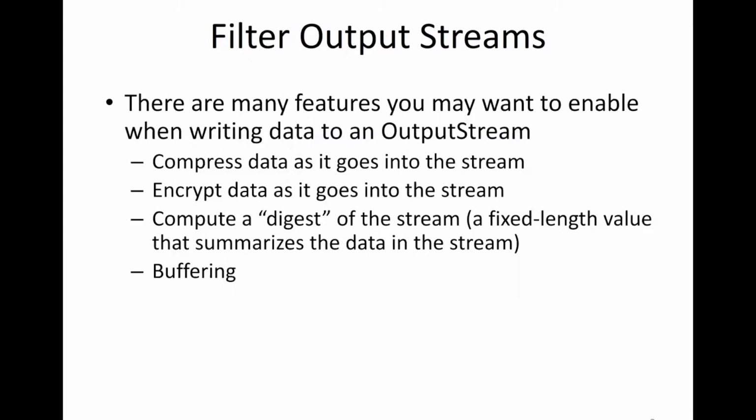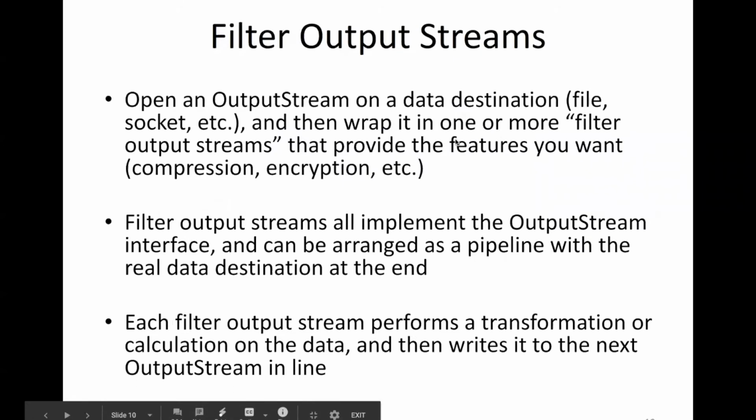And now you've got this pipeline of 3 streams, and when you write bytes on one end, it gets all the way to the other end, and all the things that those streams can do in sequence, they do as they're writing the data. Okay, so this is kind of the same old thing. Same things that I said about filter input streams apply to filter output streams. Any stream that is a filter output stream connects to another stream. So it takes another stream as a parameter and allows you to set up these pipelines of streams.